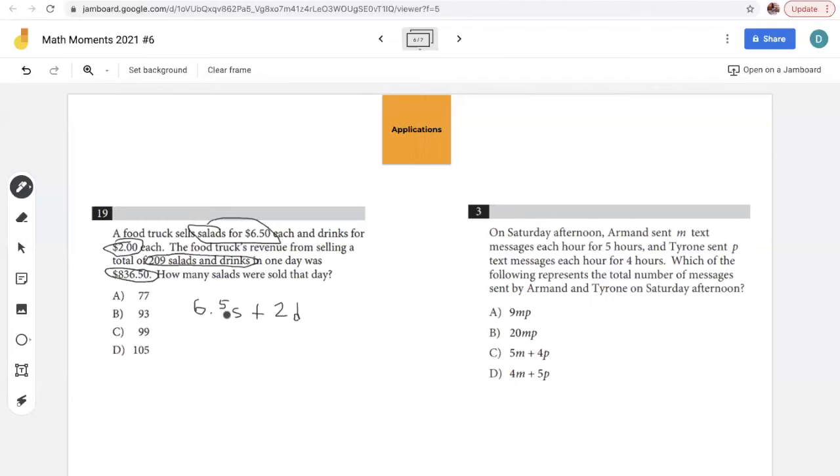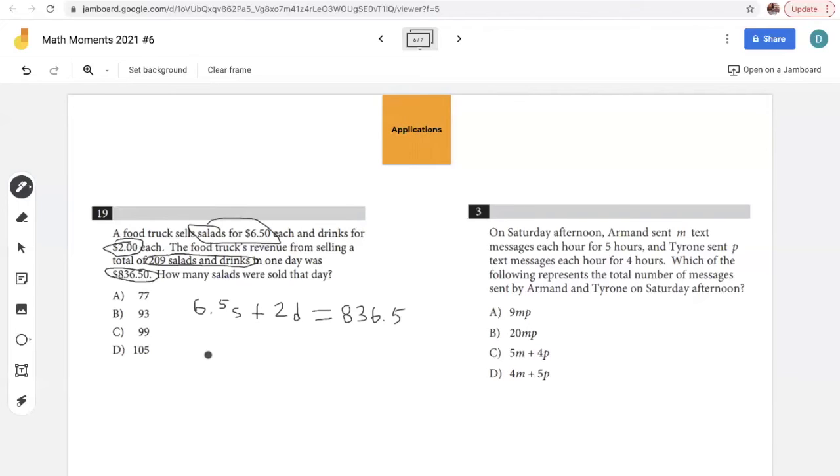Because you would multiply the price by the number of salads and the number of drinks you would sell. We also know that in this scenario, that ended up being equal to $836.50. So that is one equation; this is technically an equation because there's no changing output here.